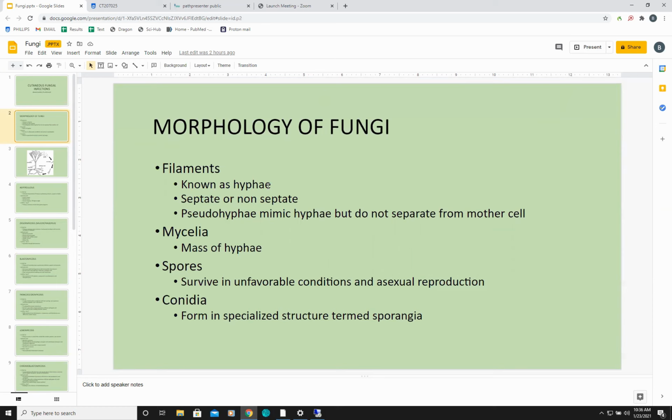So you kind of see pinched in budding, but not real septae. Mycelium is a mass of hyphae, and spores are fungal forms which can survive in unfavorable conditions and reproduce by, this is part of the asexual reproduction of fungi. And conidia are specialized forms of fungi, and they are found in the sporangia.